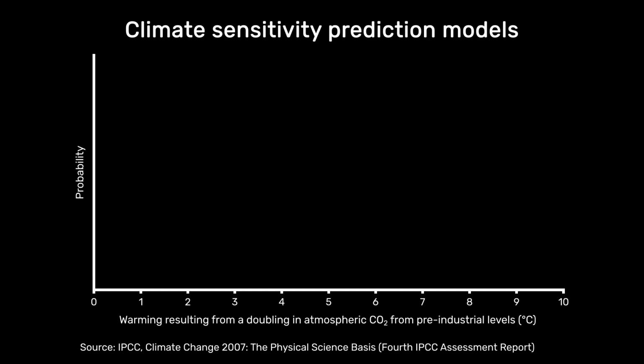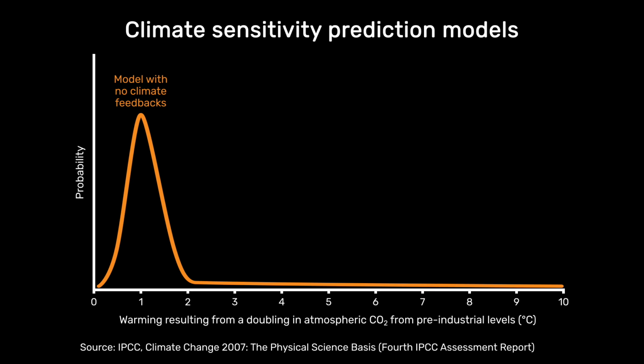So one measure of how much warming the planet gets is the climate sensitivity, defined as degrees of warming you would get from doubling the amount of CO2 in the atmosphere. So if the Earth were just a naked rock and there was nothing else going on, you would get about 1 degree C of warming.